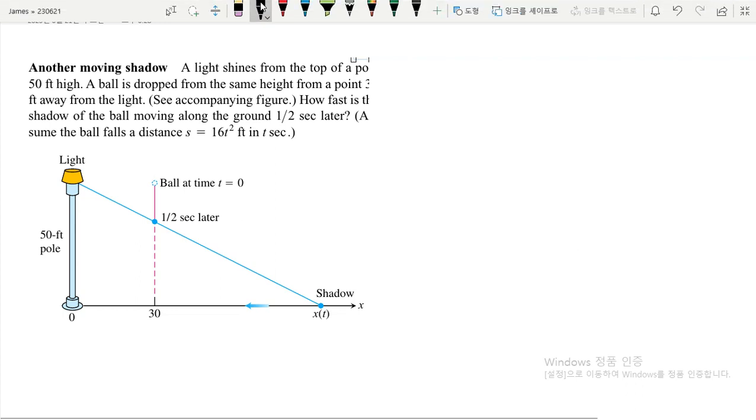If the falling distance is s, this is 50 minus s. So we want to find this dx over dt.